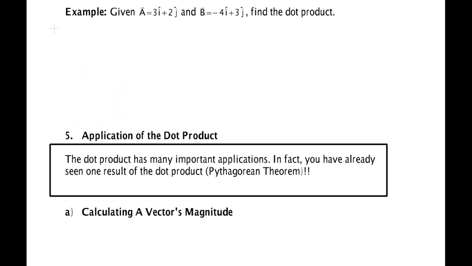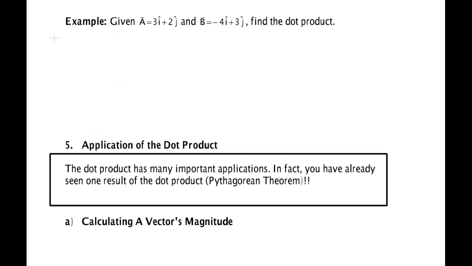Let's do some numbers. Let's say you're given the following. A is 3 plus 2j, B is minus 4 plus 3j. Find the dot product. Well, A dot B is the x part of A, 3, times the x part of B, minus 4, plus the y part of A, 2, times the y part of B, 3.